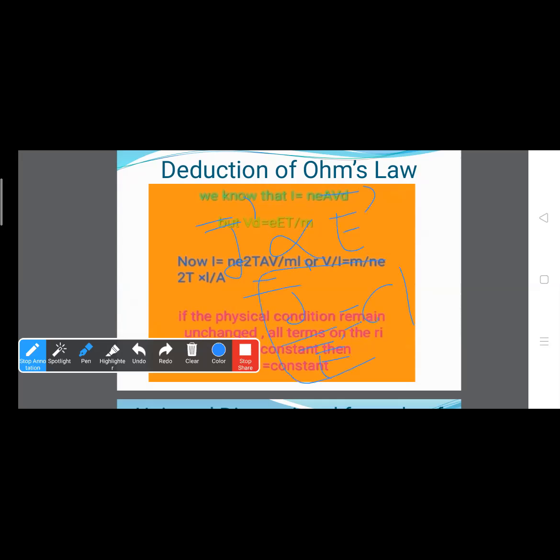Here sigma is the constant of proportionality and is called conductivity. We will discuss it later. Clear? So sigma is the conductivity of the material of a conductor. It is simply the reciprocal of the resistivity of the material, and it is independent of the electric field producing the current. So I think this is clear to you.